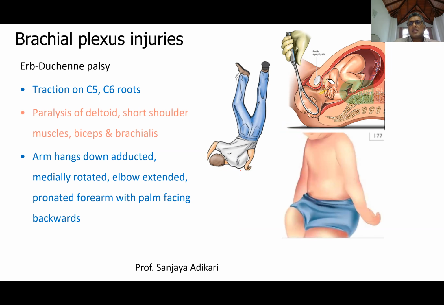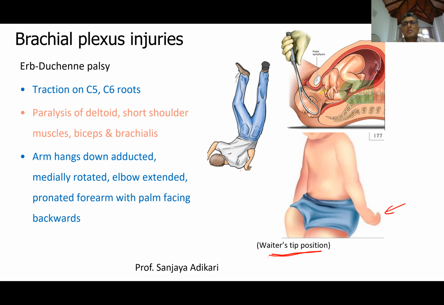And this is the clinical picture. When the child is a little older, you will see this deformity, which is called the waiter's tip position. With anatomy knowledge, you should be able to describe the anatomical basis of the waiter's tip position. Not that people will go around and ask you to describe it, but then you will remember your anatomy better.